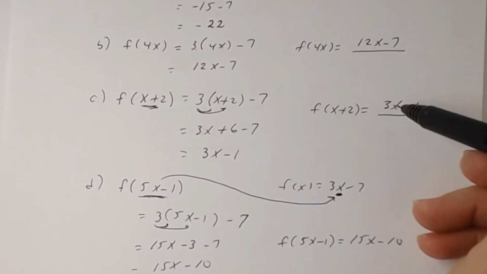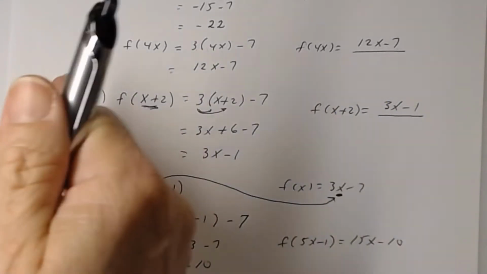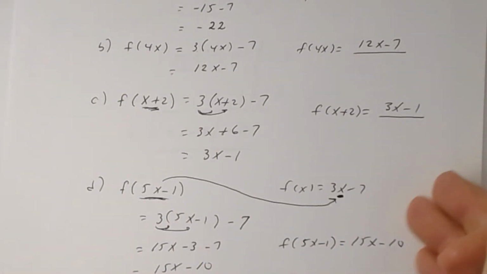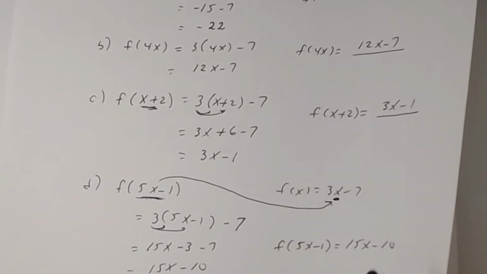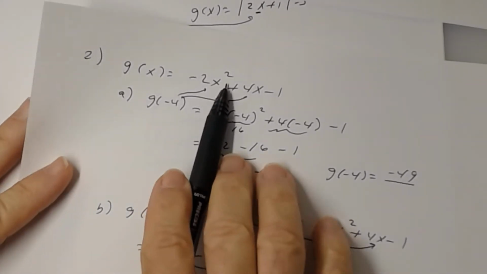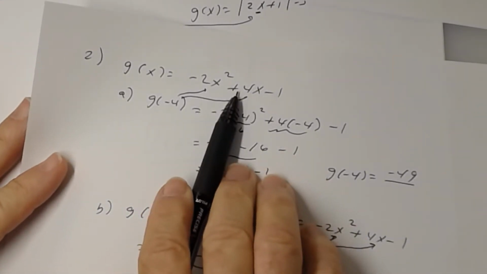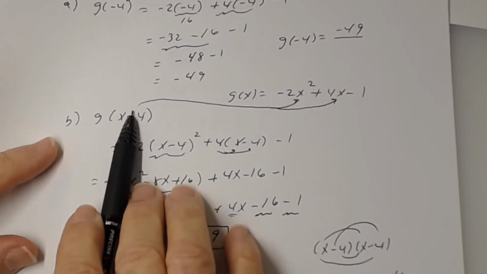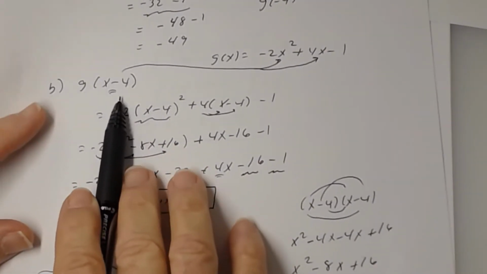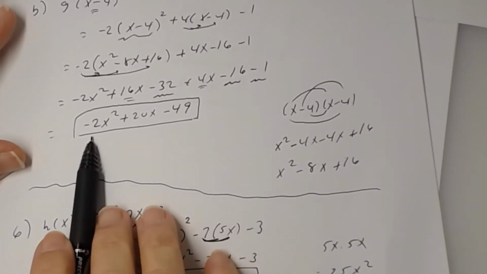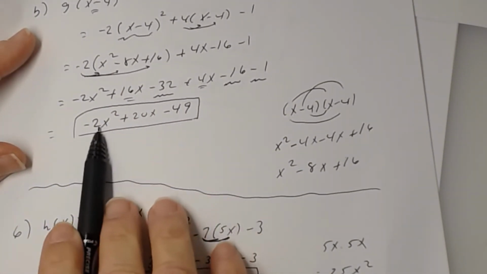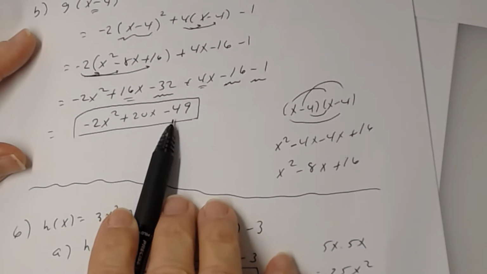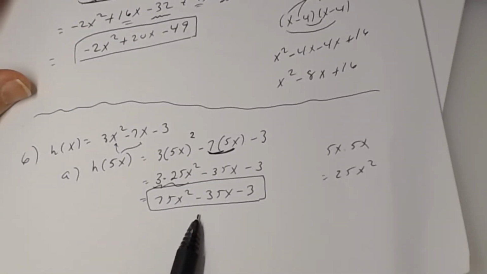Linear. So you start with linear, you end up with linear. Okay, let's look at number 2. This was what kind of function? Quadratic. When I evaluated at a variable expression, I ended up with quadratic. Same thing here.